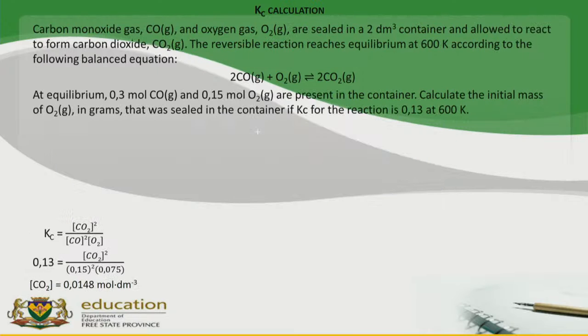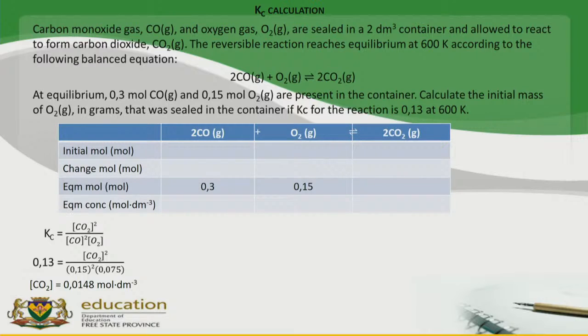I want to concentrate on this one. In this one, you were only given the moles of carbon monoxide and carbon dioxide at equilibrium. You were given nothing that you started with, nothing that reacted or nothing that was formed. But you were told that at equilibrium, you have 0.3 moles of carbon monoxide and 0.15 moles of oxygen.